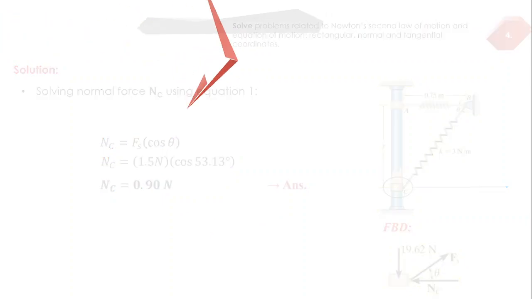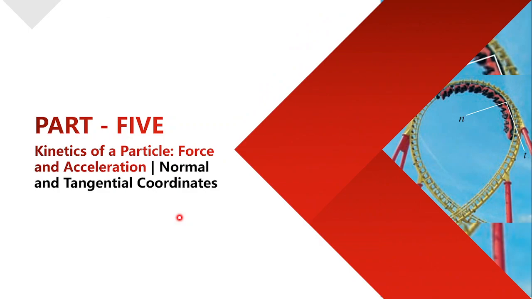Okay, so I think that's all for equation of motion in rectangular coordinates. So how about the normal and tangential coordinates? What if the force you apply will cause the object to move in a curved path?